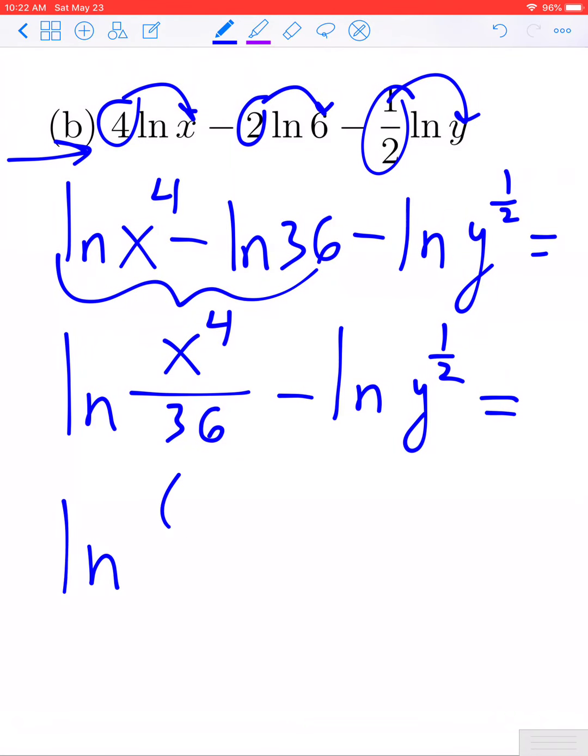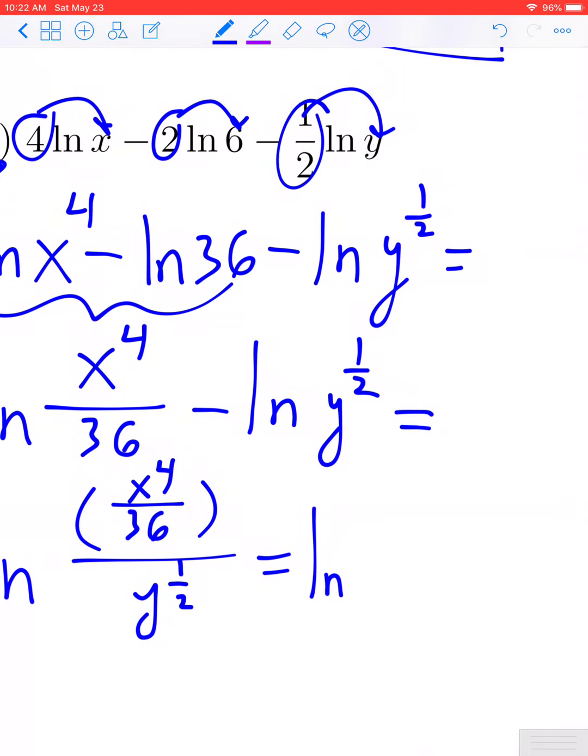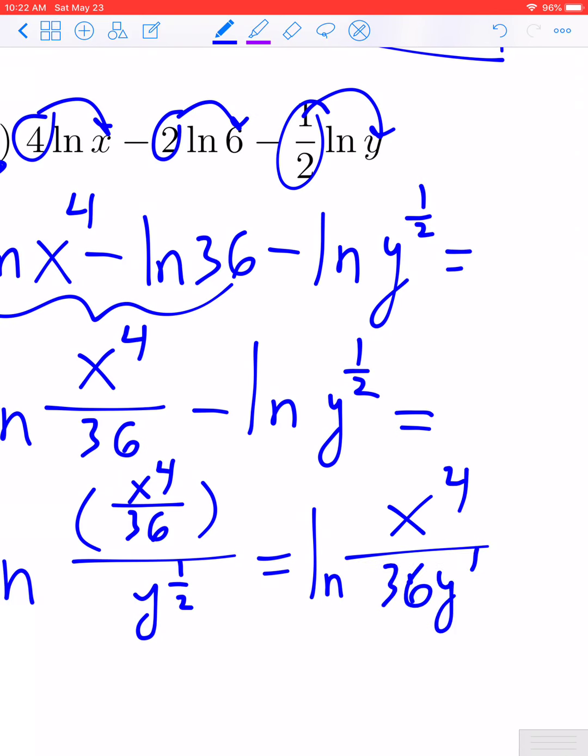This is going to be the ln of x to the fourth over 36 divided by y to the 1/2. A little bit of fraction arithmetic, good old school keep, change, flip. And we would get the following. The ln of x to the fourth divided by 36 y to the 1/2. And now we've written it as a single logarithm.